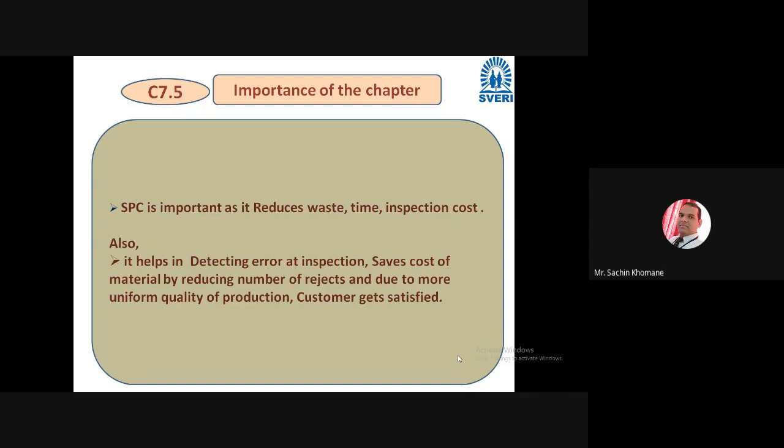Now, why is it important? SPC is important basically to reduce waste, time and inspection cost. Friends, it is a quality control tool, you can say. So how can you reduce the waste? If you have strong control over your fabrication process, then definitely there will be no rejection.